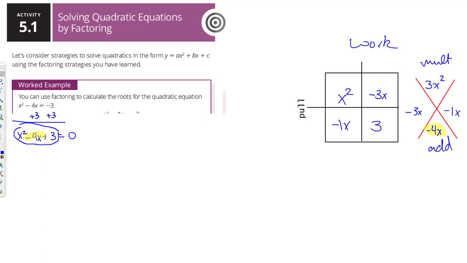So what can factor out of that first column? What divides both into x squared and negative x? X. What divides into both negative 3x and 3? It is negative 3, because the 3 can divide into both 3 and 3.